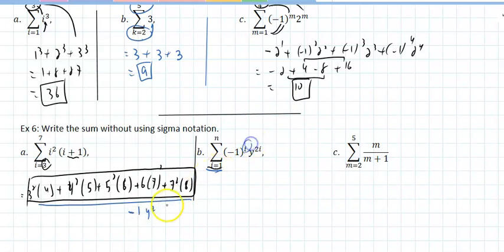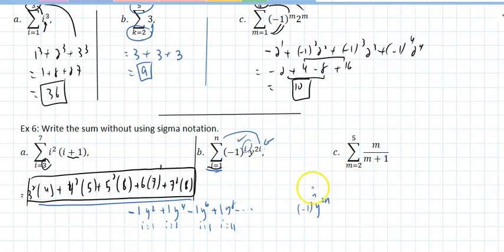When you put i equal 2, plus 1 times y to the fourth, minus 1 times y to the sixth, and if you put 3, 2 times 3 is 6. This is i equal 1, i equal 2, i equal 3, i equal 4. That's going to be negative 1 to the fourth, which is 1, and a 4 in there, that will be an 8, minus the very last term. When you put n, you're going to get y to the 2n, negative 1 to the n, and that would be pretty much it.